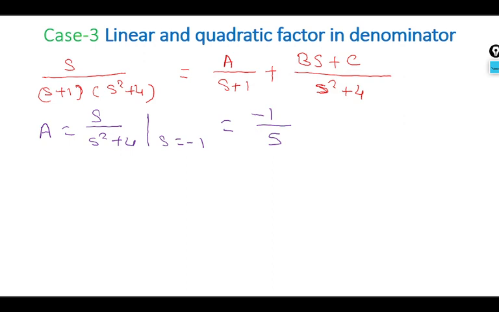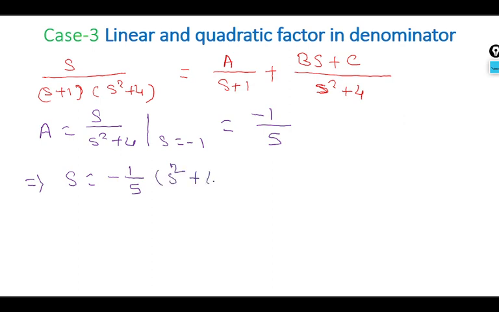Now, the remaining coefficients b and c, you can do it by cross multiplication, that's better. So the cross multiplication will be s is equal to a, the value of a is minus 1 by 5, into... we are cross multiplying, so s plus 1 gets cancelled, we are left with s square plus 4.